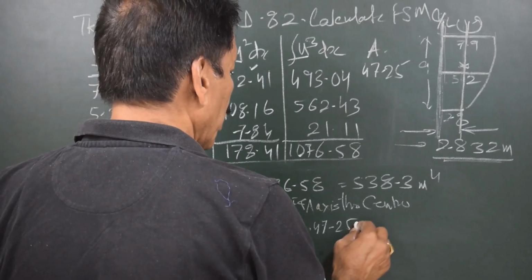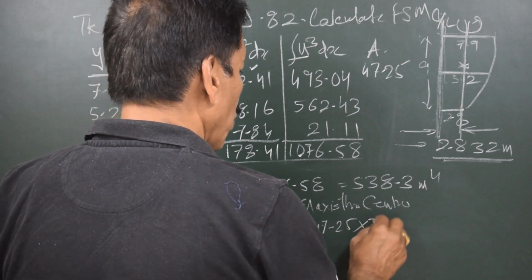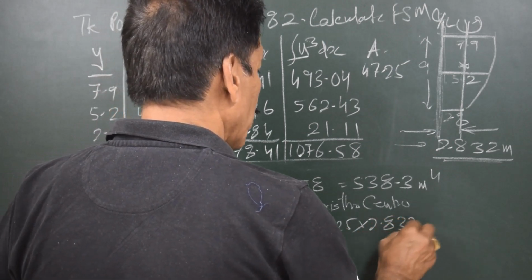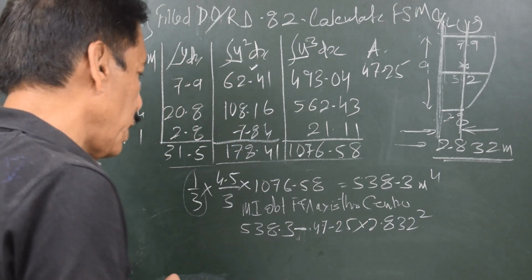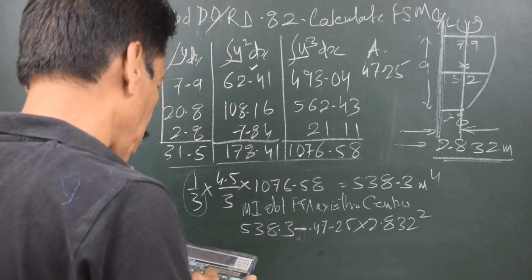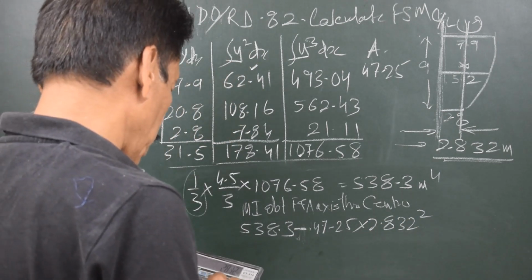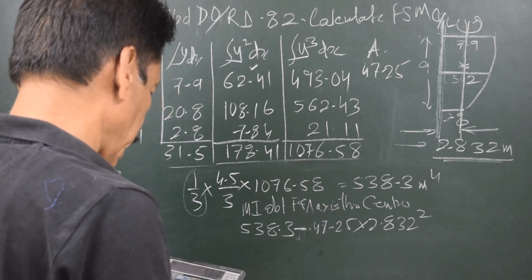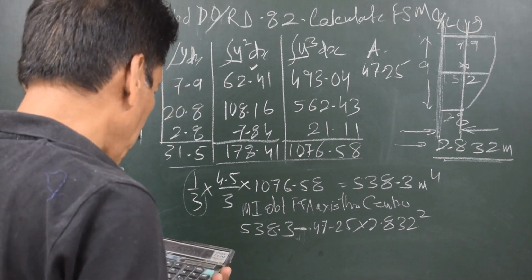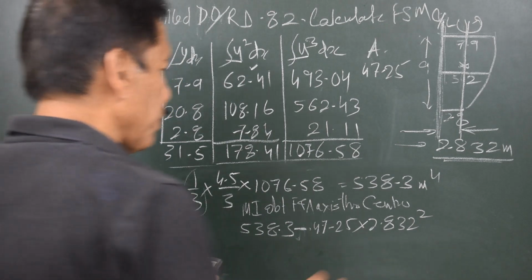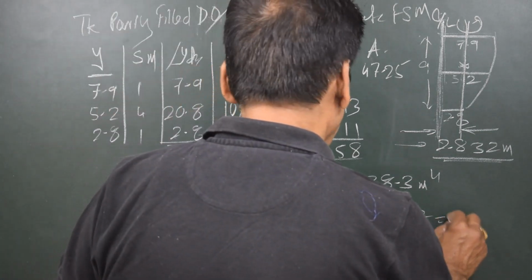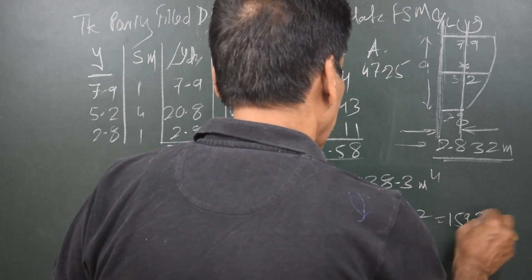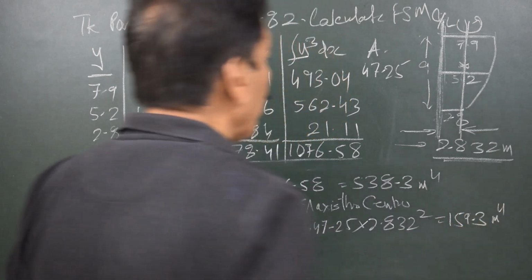Area is 47.25 and D square means 2.832 square. Let's do it. 2.832 into 2.832 gives me 8.02, and times 47.25 gives me 379.0 approximately. This gives me 159.3 meter raised to 4.